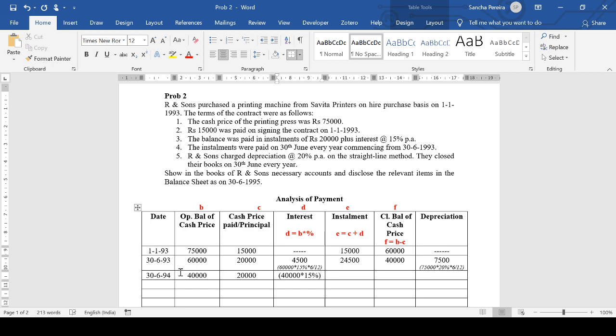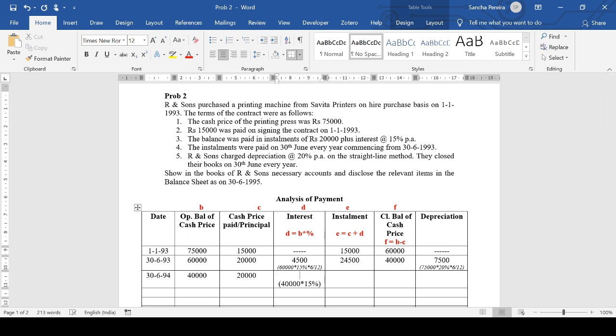So 40,000 into 15% gives me 6,000. Okay, so that is my interest for the second installment.